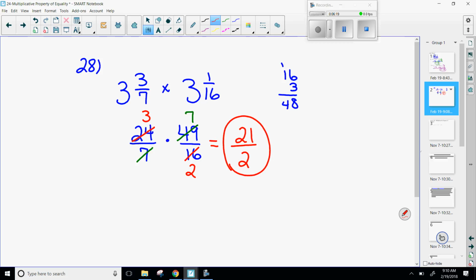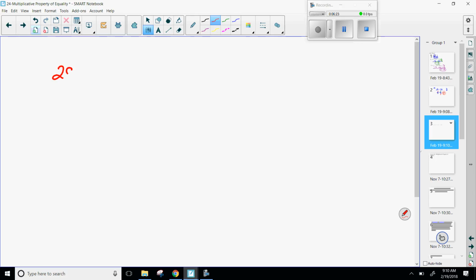Number 29, your answer better be negative. The problem is 3 and 1/5 over -2 and 2/15.